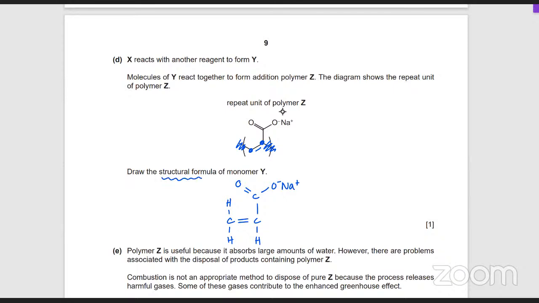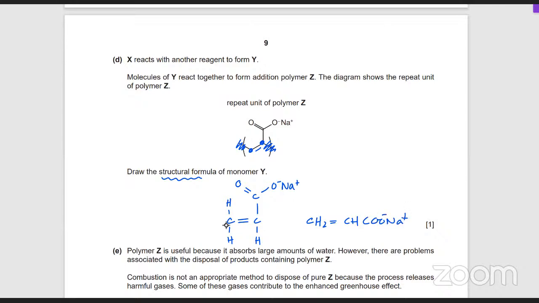Whenever they say, draw the structural formula, that's the most general term. Structural formula is any formula that tells you the structure of the molecule. So you could come up with a condensed version of this as well. Either in a displayed draw, this is a fully displayed, that's also a structural formula. I could have drawn a condensed version, which is CH2, then a double bond, then CH, and then COO minus 1 and Na+1.